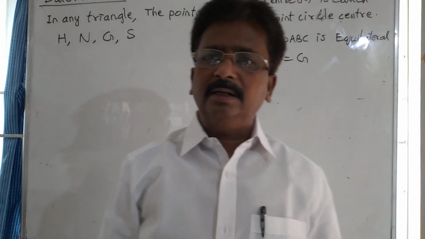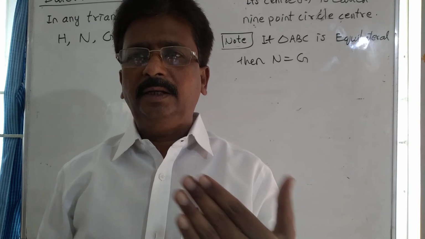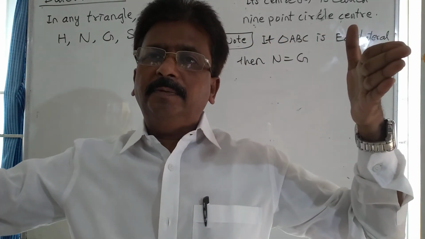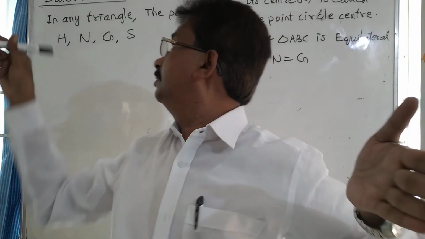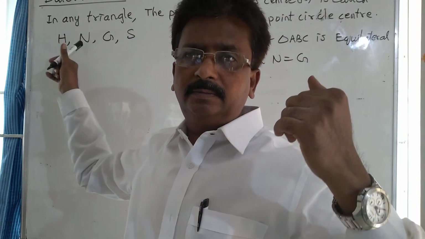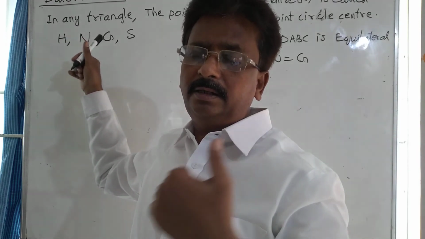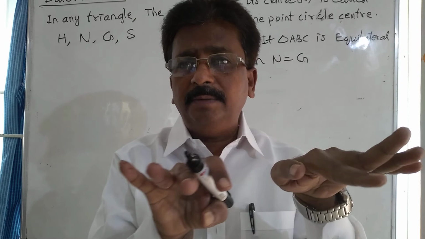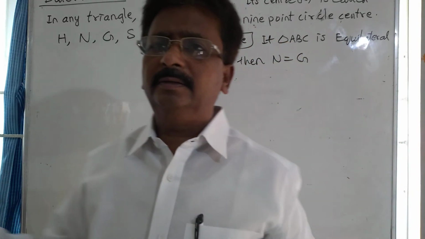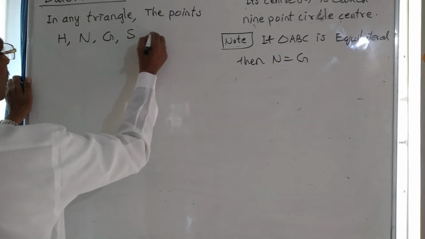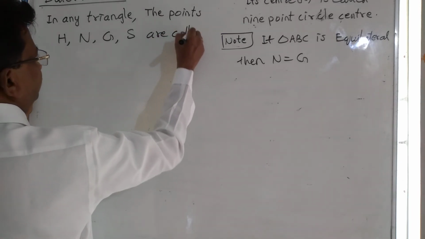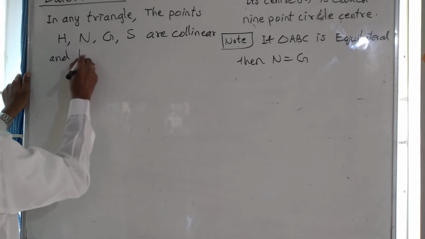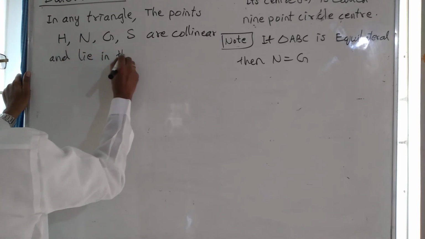These 4 points are collinear and lie in the same order. From left to right on the collinear points, first the orthocenter, next the 9-point circle center, then the centroid, and the circumcenter, in the same order in any triangle.